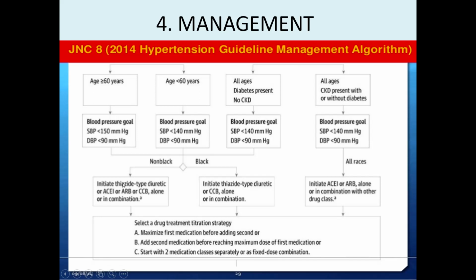And in non-blacks, you will start with thiazide diuretic, ACE inhibitor or CCB alone or in combination. So here you can see that three major groups of antihypertensives include thiazide type diuretic, ACE or ARB and CCB. So these calcium channel blockers can be dihydropyridine or non-dihydropyridine. I am sure that you learned about all these groups in pharmacology as well.